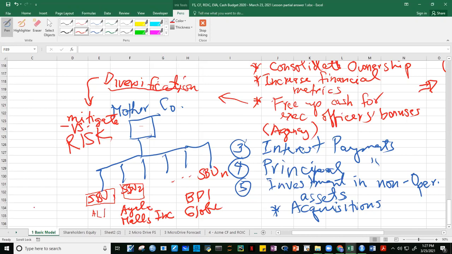Kasi kunyari, may industry, kunyari, real estate, kunyari, bumagsak yung market na to. Chances are, may mga companies sila sa ibang industry na nagpi-pick up naman. Kunyari, telecommunications, Globe. So, nakukusyon yung loss dun sa industry na bumaba sila by the increase in other industries.